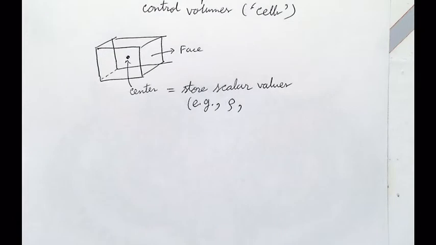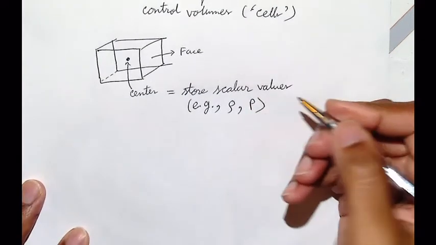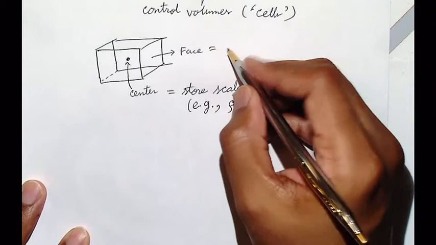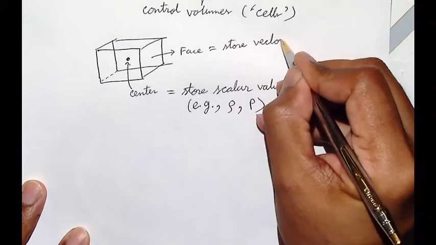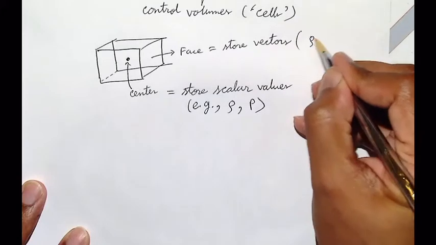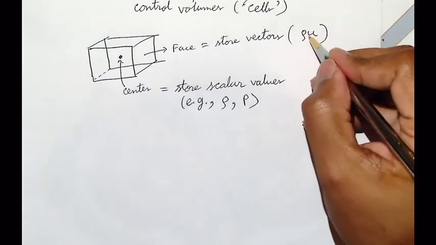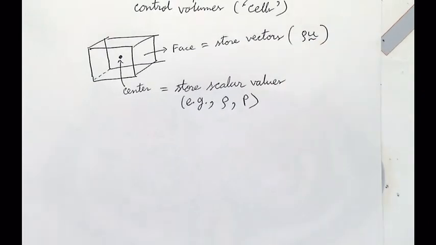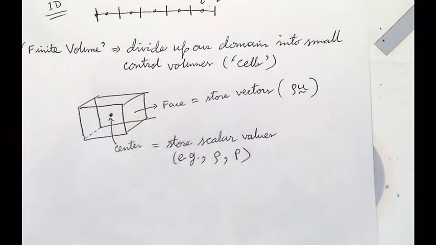So if you think about the momentum equation, we have rho, we have U, we have nu, and there's pressure. Pressure is a scalar. All right. And at faces, we store vectors. Mostly we will store rho U together, and there's a reason for that. Rho U is a vector.